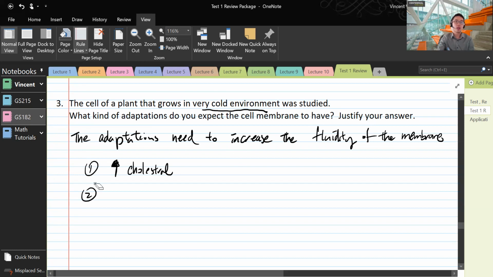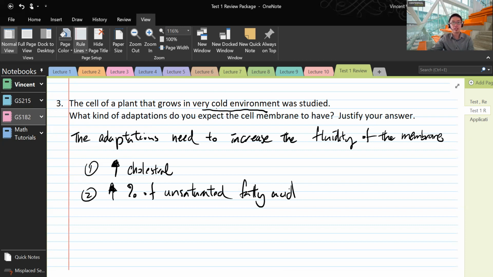Yeah, you would want to have an increased percent of unsaturated fats, right? Unsaturated fatty acids. So, those phospholipids that you have in the membrane, right? You want to have a higher percentage of unsaturated fats, because if you think about saturated fat and unsaturated fat, one of the differences is the saturated fat would be solid at room temperature, right?